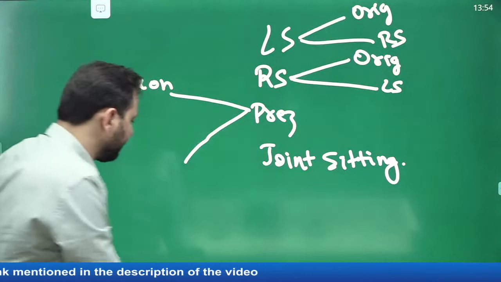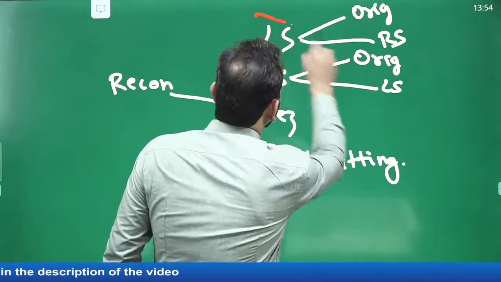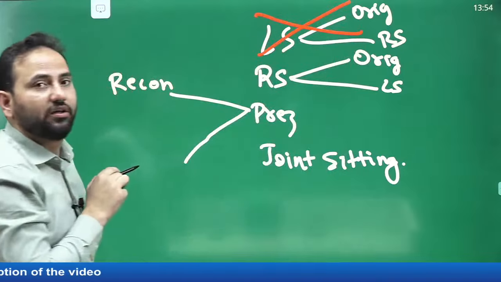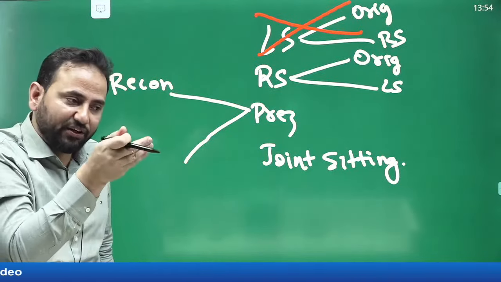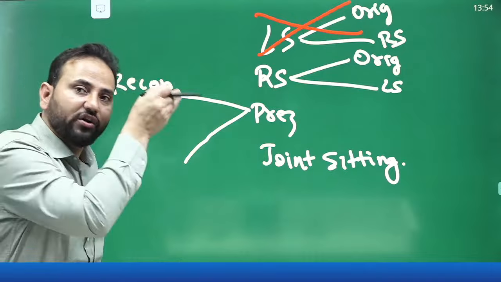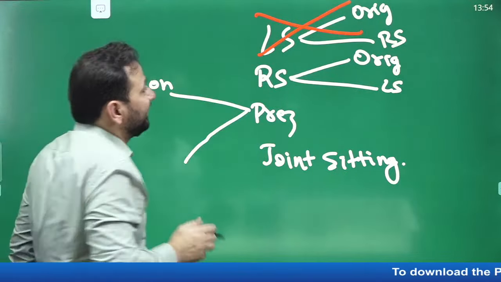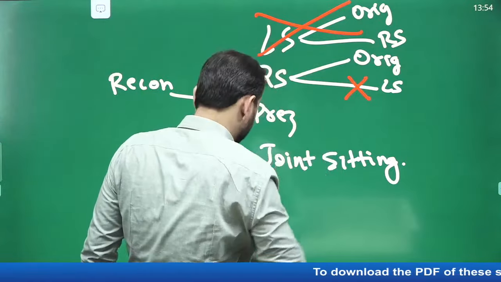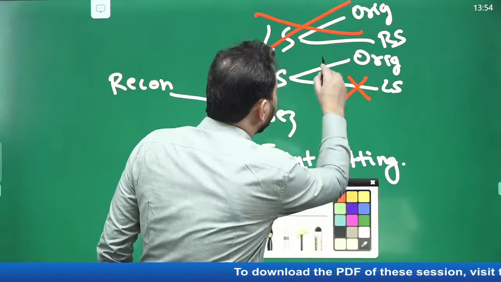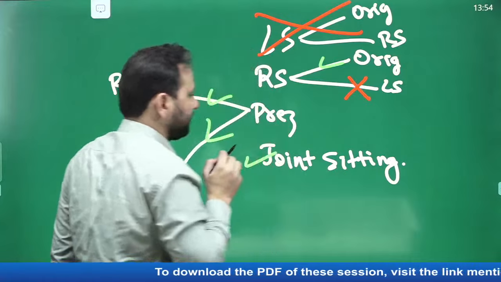If we talk about the concept, always remember that in the first instance, the bill will lapse. If a bill is pending in Lok Sabha, either originating in the Rajya Sabha or originating in the Lok Sabha, the bill will lapse. In the second instance, a bill pending in Rajya Sabha, if passed from the Lok Sabha, will lapse. In all other conditions, the bill will not lapse.